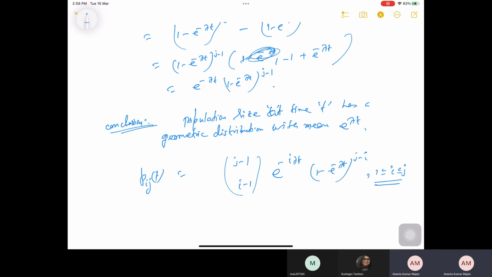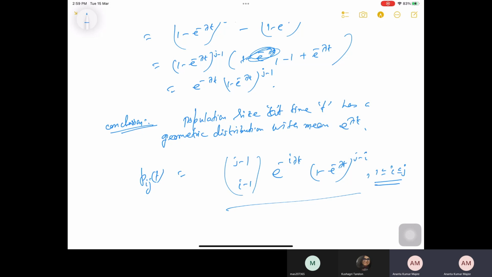This is P_ij(t): the probability that X(t) is equal to j given X(0) is equal to i, given in this form. So if the population starts with I individuals, then the distribution of your population size at time t is a negative binomial. It follows a negative binomial distribution.